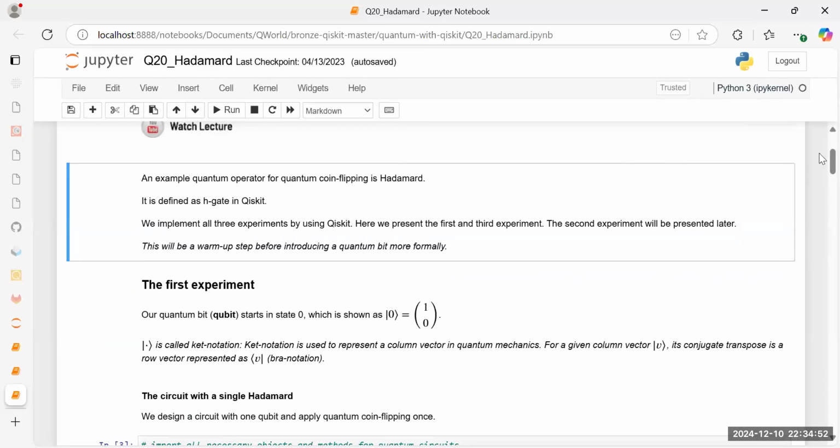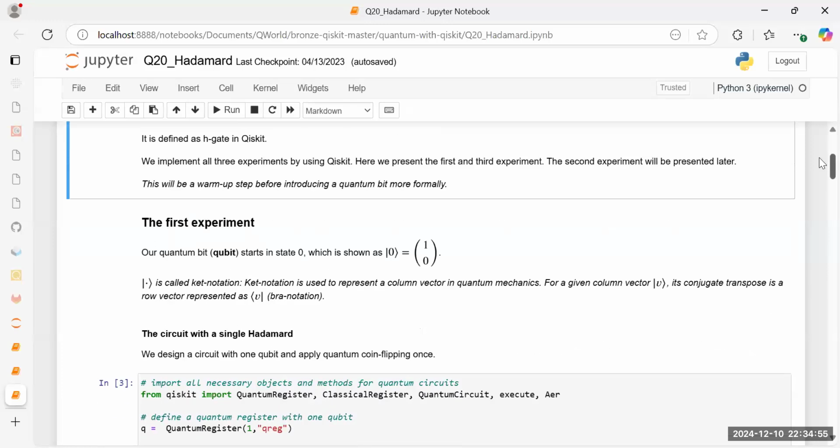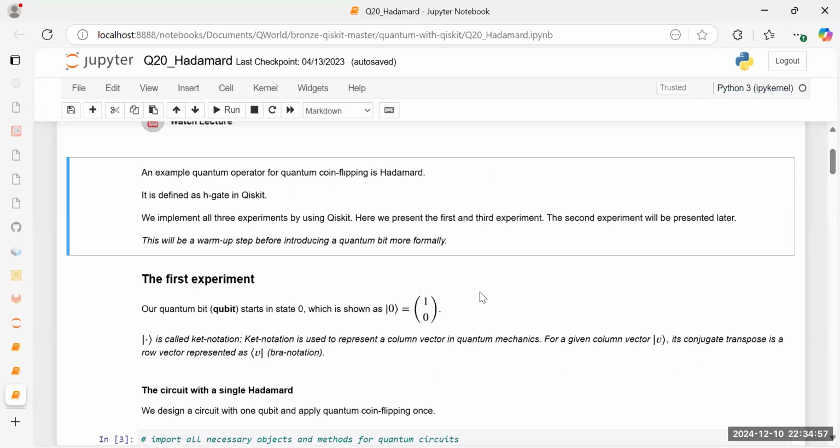Okay, so first of all, I want to go back to our initial description of coins using probabilistic states and vectors.